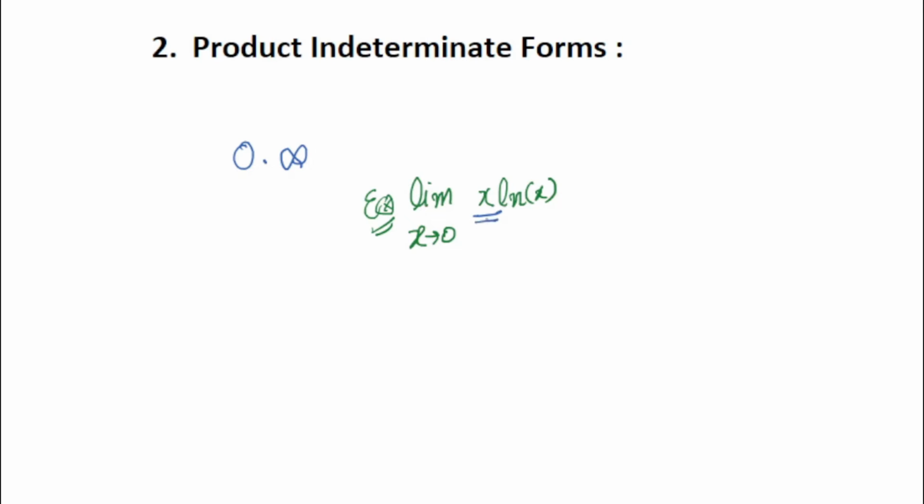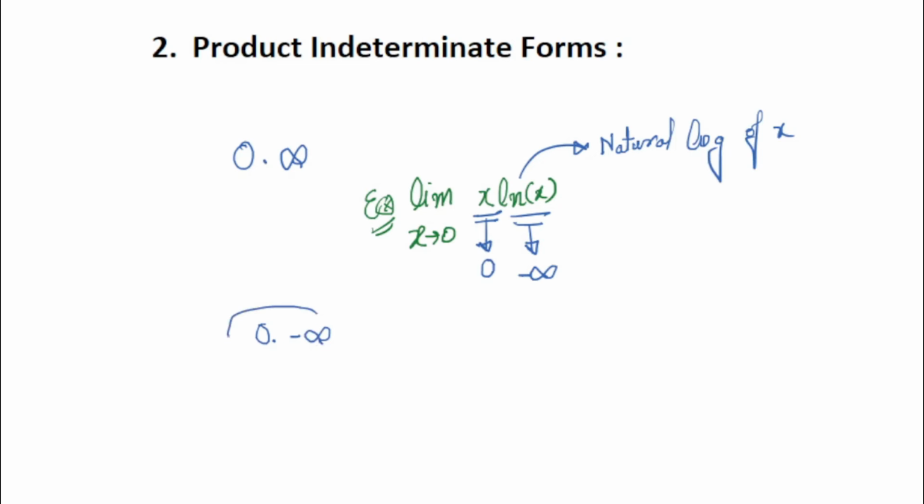So x is approximately 0, and ln x is the natural logarithm of x. If x goes to 0, the value is going to be minus infinity. So this is the product indeterminate form.